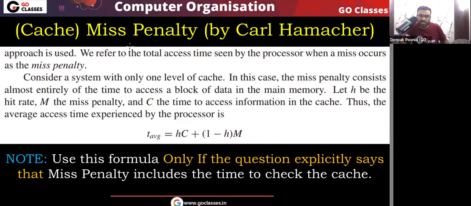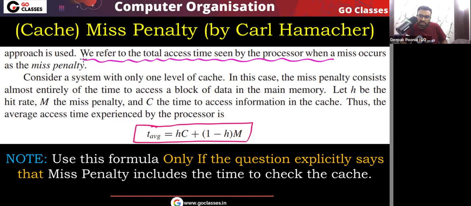You can see this is the screenshot from the book, and here is the average memory access time formula. But please understand, this M, the miss penalty, includes the time to check the cache memory for hit or miss, because we refer to the total access time seen by the processor when there is a miss as miss penalty.